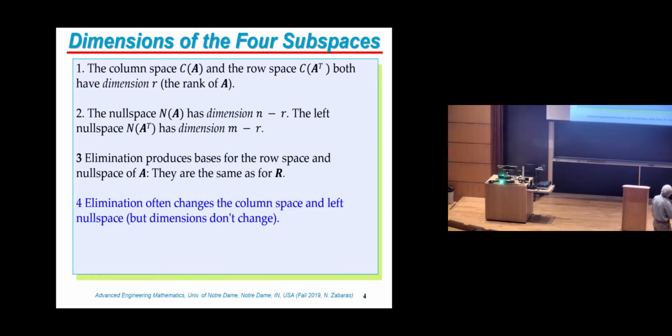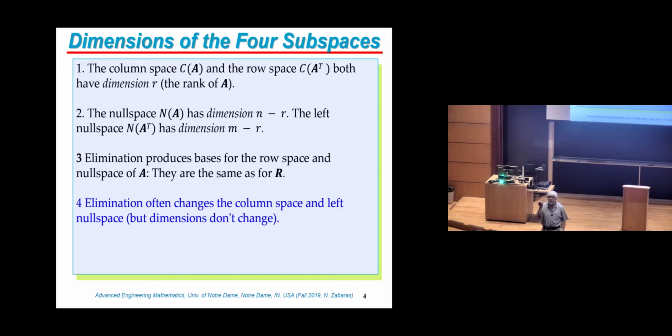Something that I emailed you yesterday, and we will try to discuss once more today, is that when you do elimination, elimination is combinations of rows. So effectively the row space doesn't change, but the column space changes. So the column space of R is not the same as the column space of A. This is a very key thing.